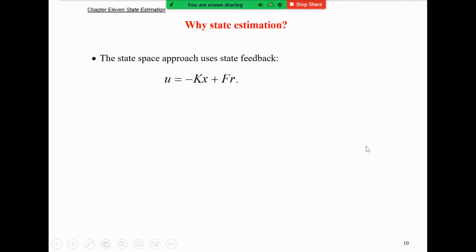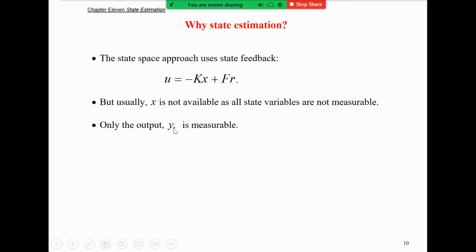So let's recap what I've discussed. We want to use state feedback, but we cannot measure all the state variables. The output is measurable. Remember, whenever we say this is the output, it means a signal you can observe, you can measure.